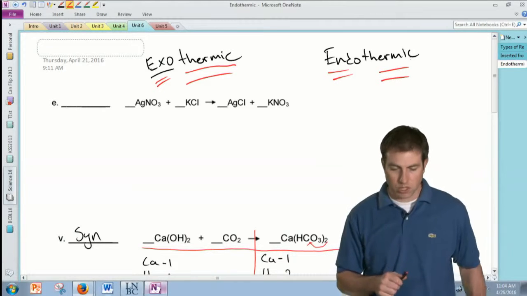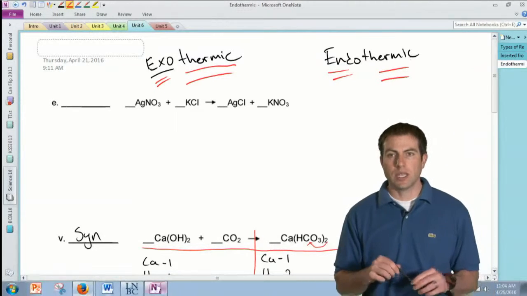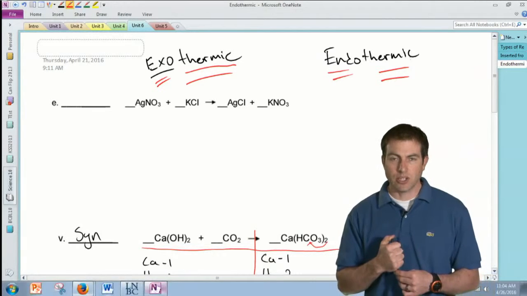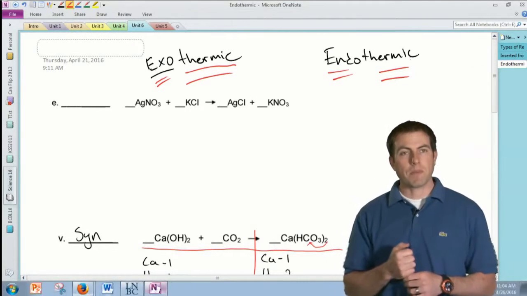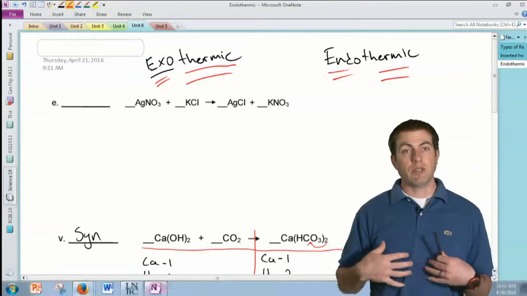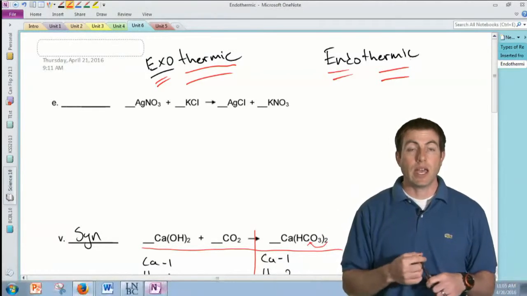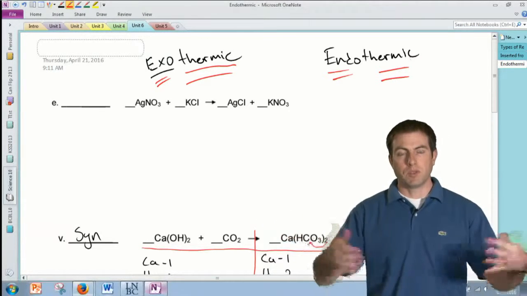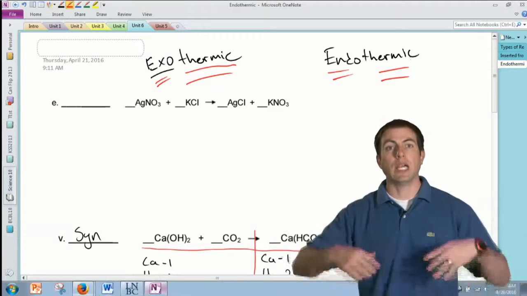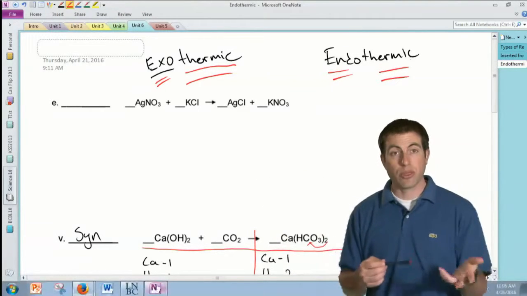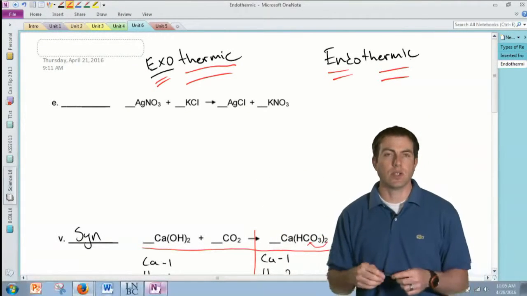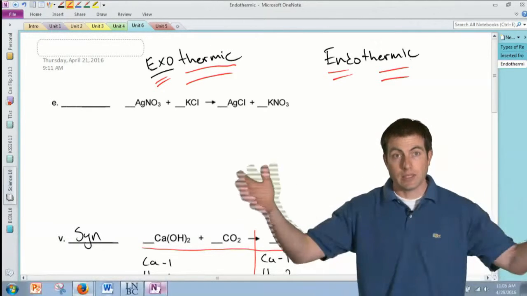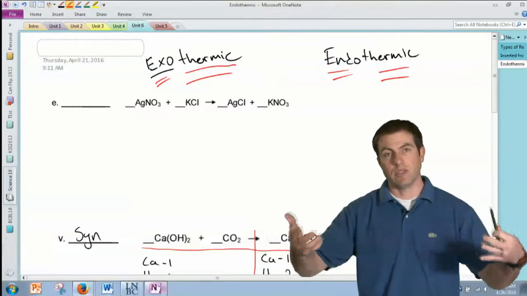Exoskeleton, perfect, Taylor, that's the one I was looking for. What does an exoskeleton mean, Taylor and Anna? External, perfect, thank you, Taylor. So exoskeleton means you have a skeleton on the outside. If I had something like an explosion, what does that mean? Well, it means outside expansion, outward. So exothermic, you guys know what thermic means, or thermal. Exo is a release or exterior, and thermic is temperature, energy.